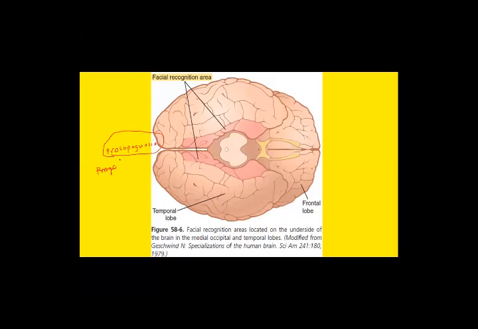Remember, in some books, in the 11th edition of Guyton, it was written prosophenosia. So prosophenosia or prosopagnosia, both are the same. But the preferred terminology is prosopagnosia. The former term was prosophenosia, but the new term is prosopagnosia. In simple words, inability to recognize faces is prosopagnosia.